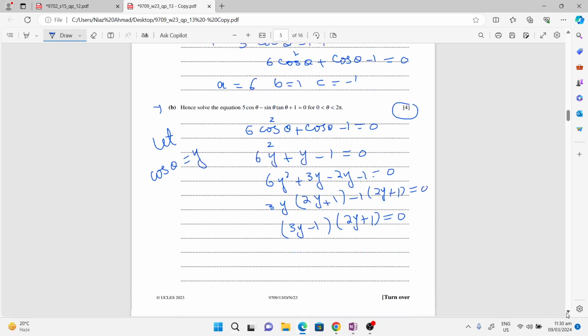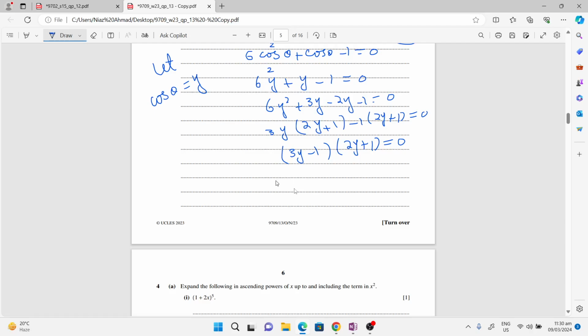But I have my y as cos theta, so I'm going back to the main thing. 3 cos theta minus 1 into 2 cos theta plus 1 equals 0. Taking the first equation, 3 cos theta minus 1 equals 0, so my cos theta equals 1 over 3, and if I want to get my theta, that would be equal to cos inverse of 1 over 3.